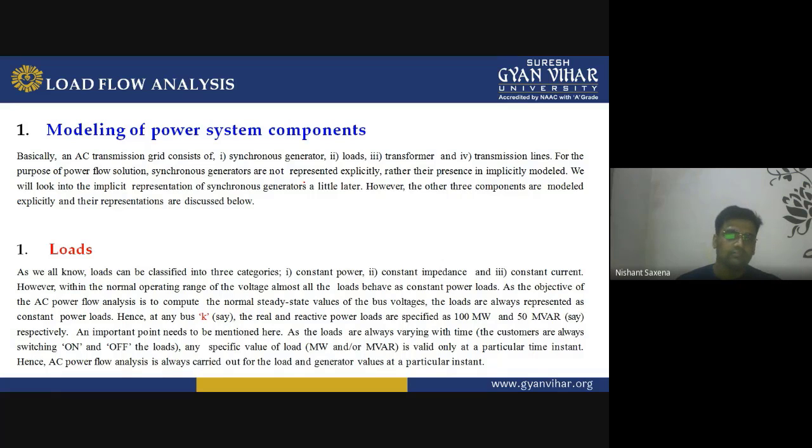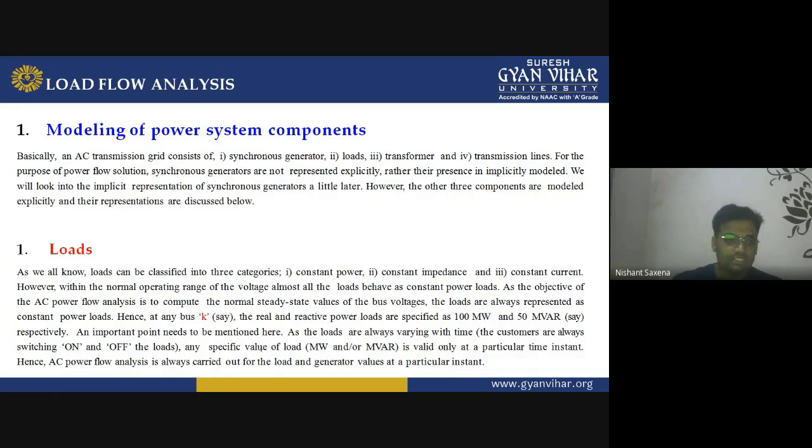For the purpose of power flow solutions, the synchronous generators are not represented explicitly, rather their presence is implicit. We will look into the implicit representation of synchronous generators a little later. But let's discuss the other three components, which are modeled explicitly, and their representations.